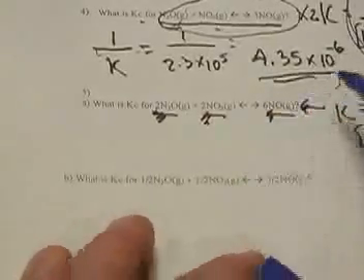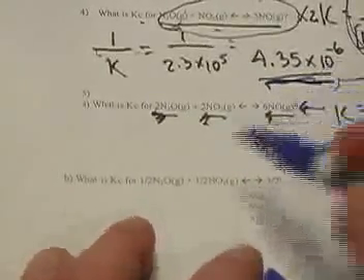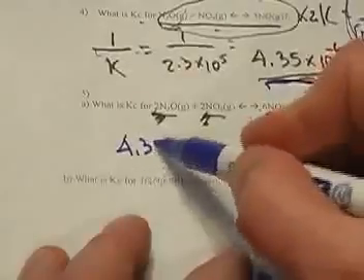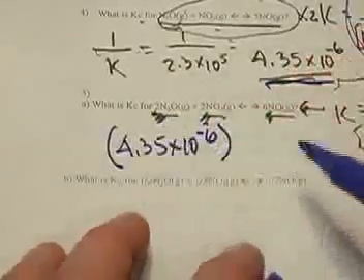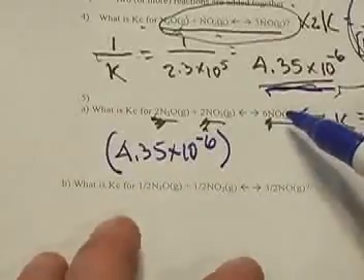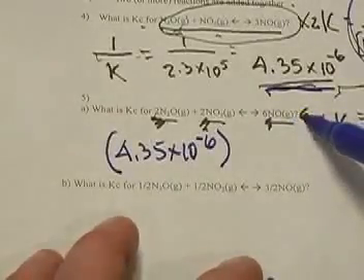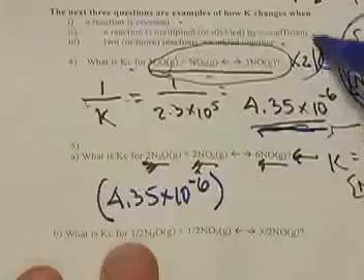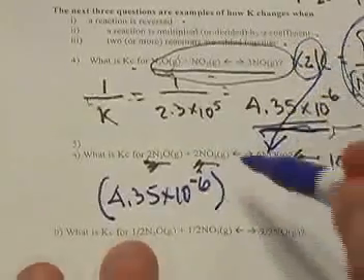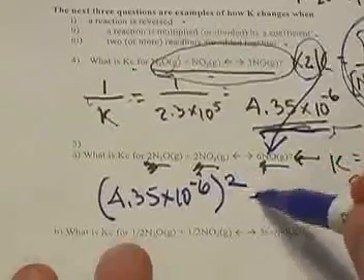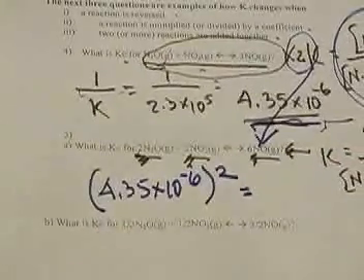So to find K, we can take the K that we found up above, 4.35 times 10 to the negative 6th, and raise it to the power that we multiplied this reaction by. We happen to multiply this reaction by 2 to obtain this new one right here. And so I will square this to get my new equilibrium constant.